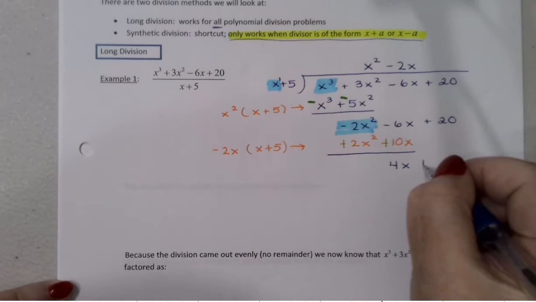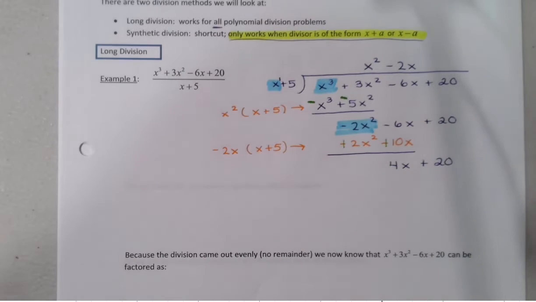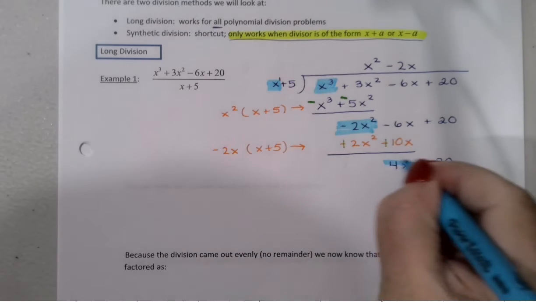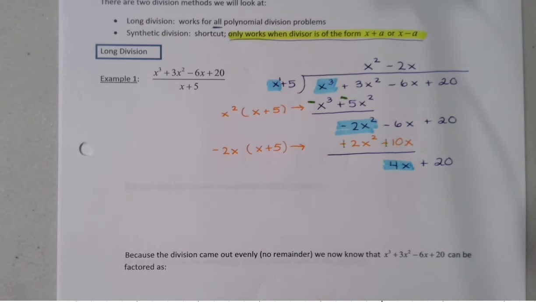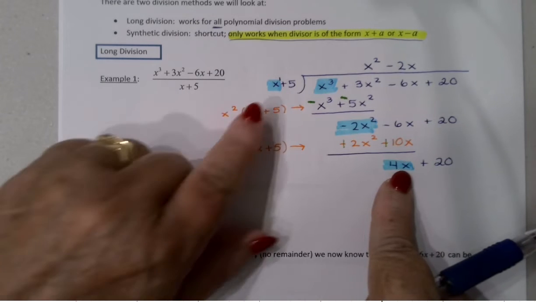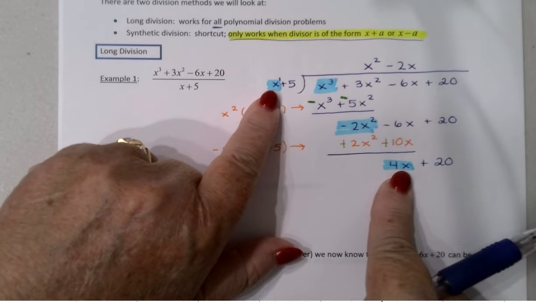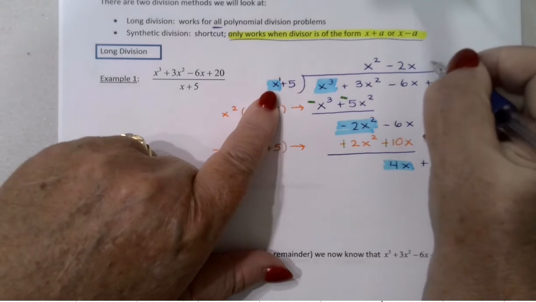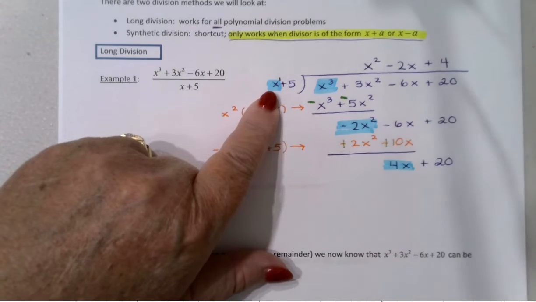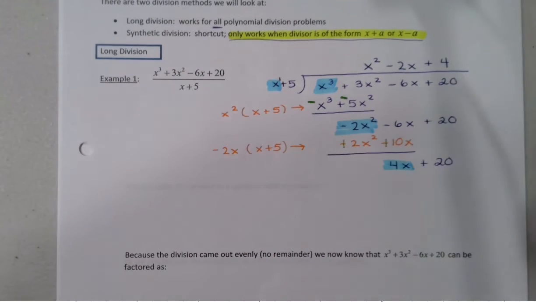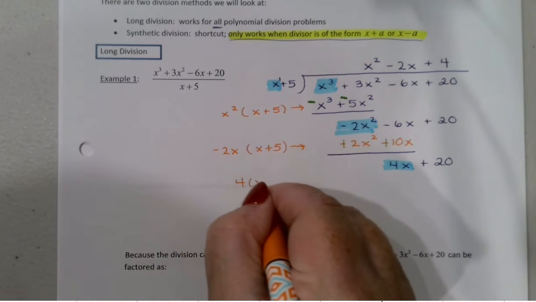All right, I'm going to bring down that plus 20, and it looks like I got one more cycle probably left to go. Start with division. Take that 4x, divide it by the x. You're just going to get a positive 4. So plus 4 here. Take that 4, multiply by the x plus 5.